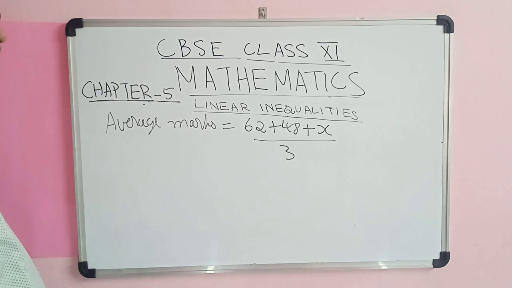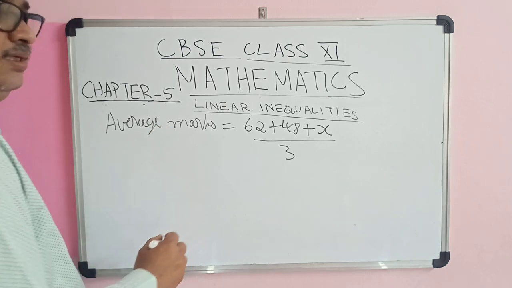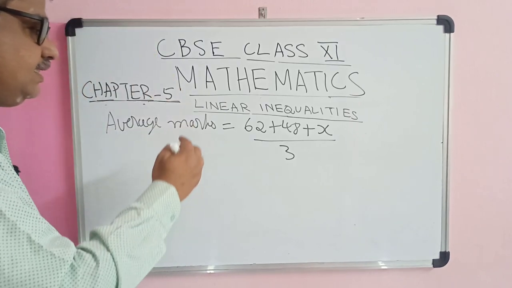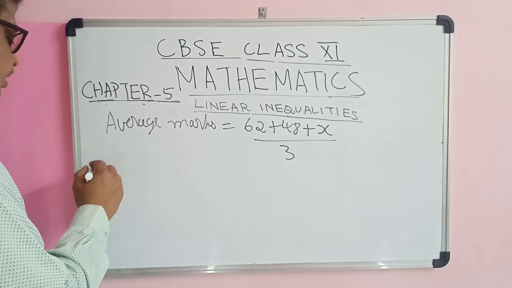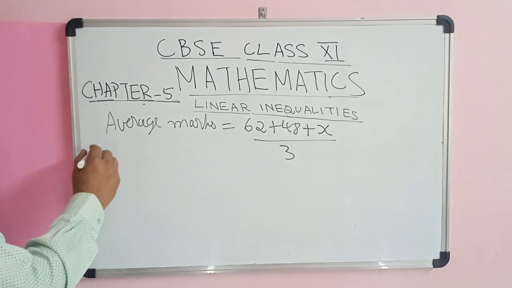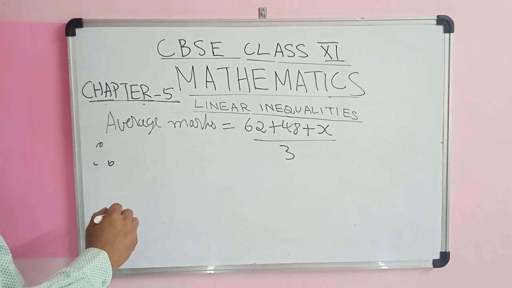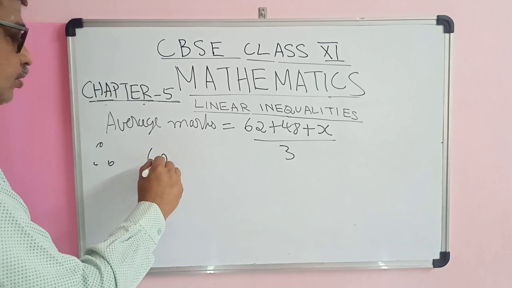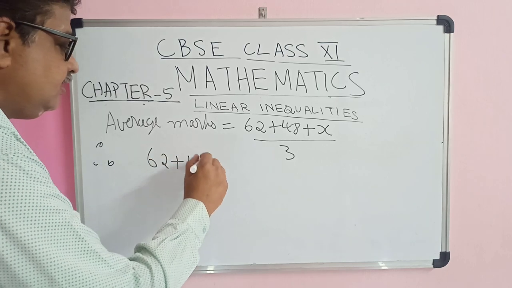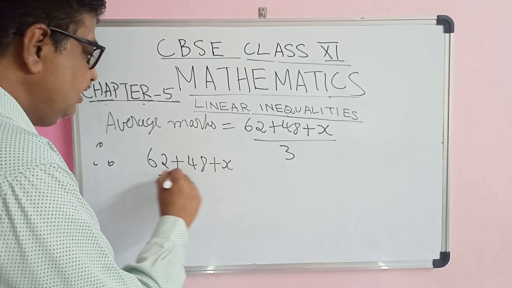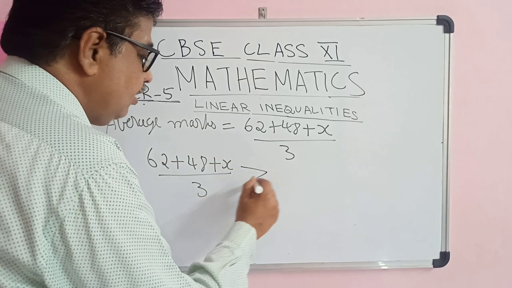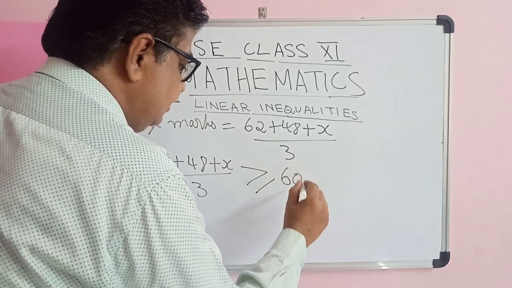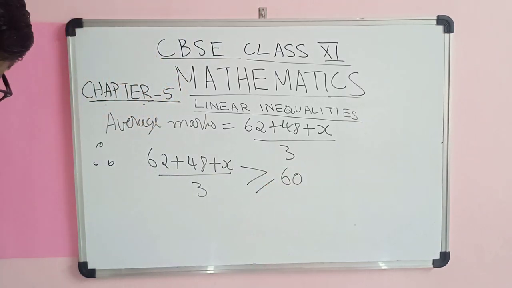This average must be at least 60, that is, it should be 60 or greater than 60. Therefore, (62 plus 48 plus x) divided by 3 is greater than or equal to 60. This is given as the condition.